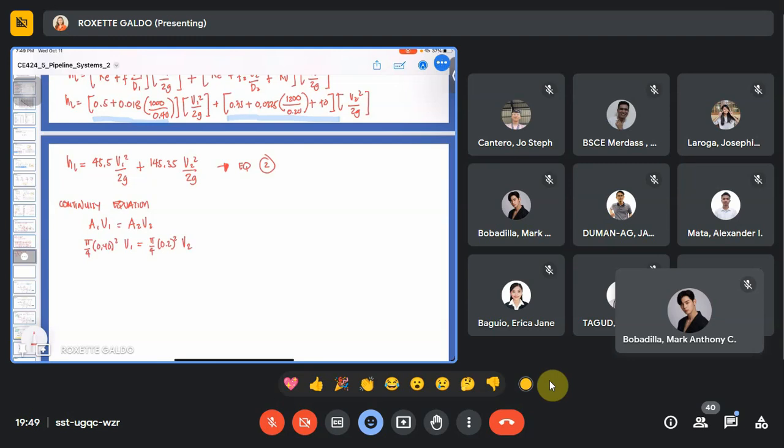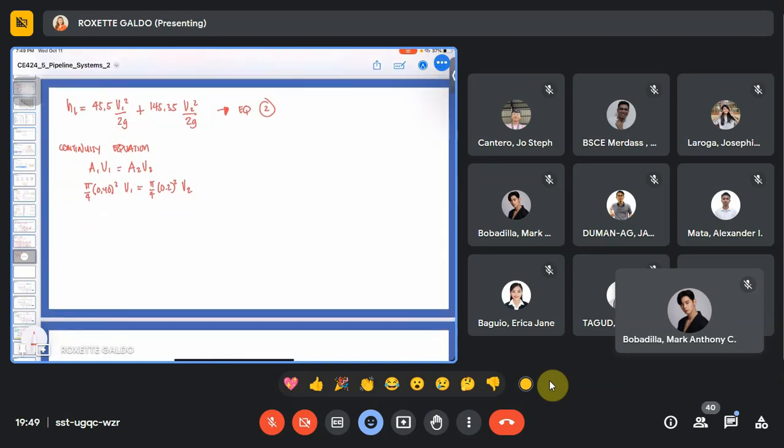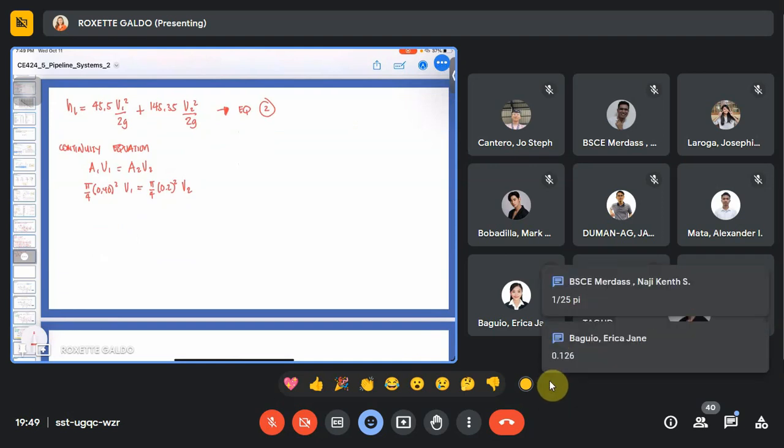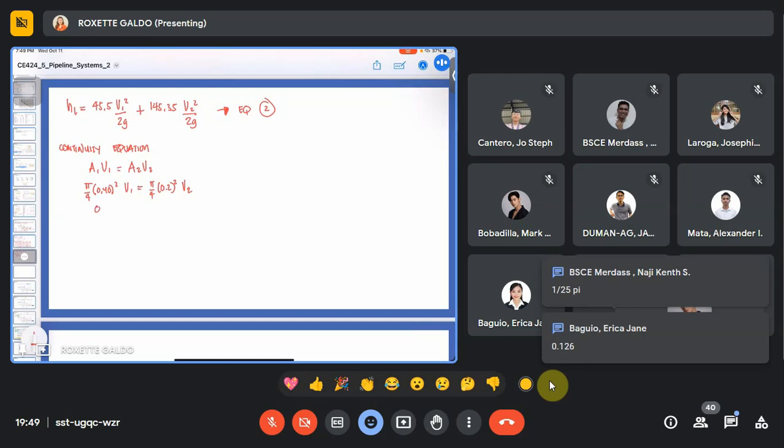How much is pi over 4 times 0.4 squared? 0.126 V1.